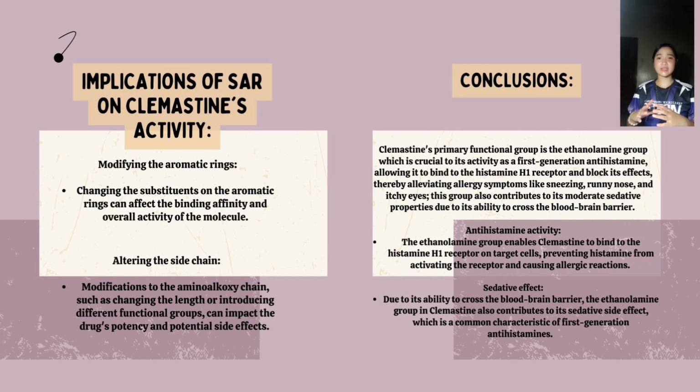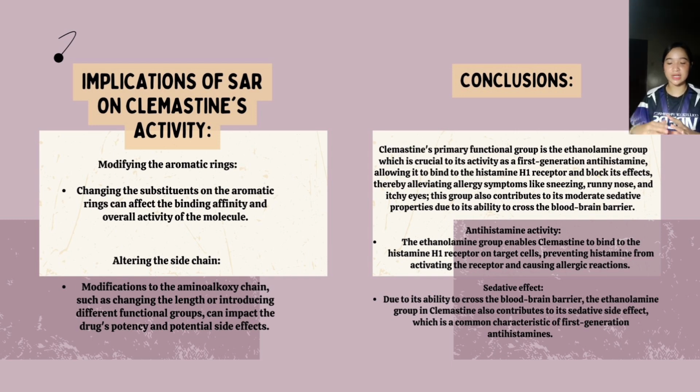So, in modifying the aromatic ring, changing the substituents on the aromatic ring can affect the binding affinity and the overall activity of the drug. An example is the hydrocarbon and halogenated hydrocarbon where a chlorine attachment is added to the benzene ring. That's why it becomes a chlorobenzene ring.